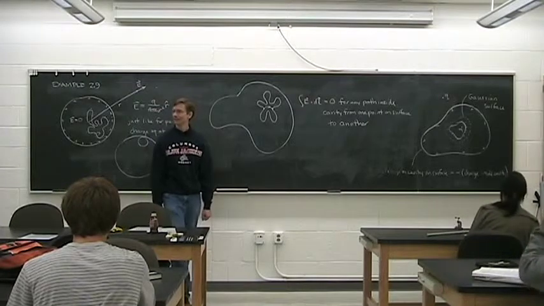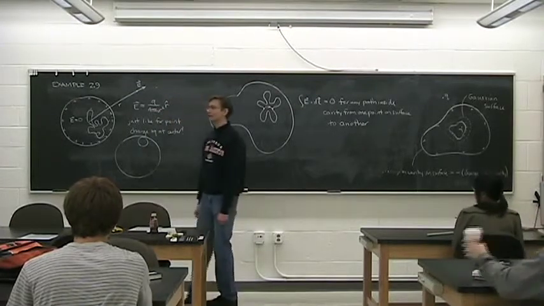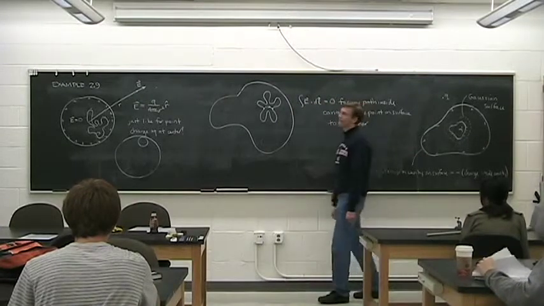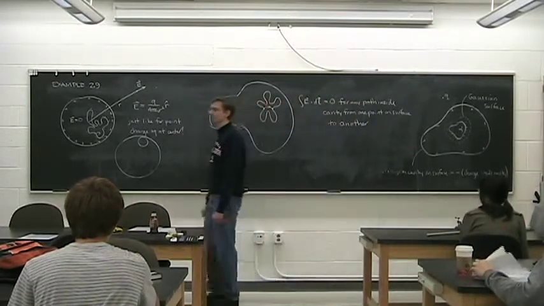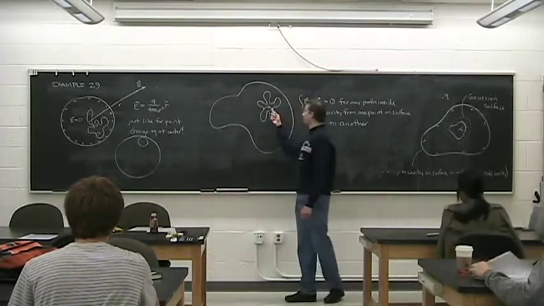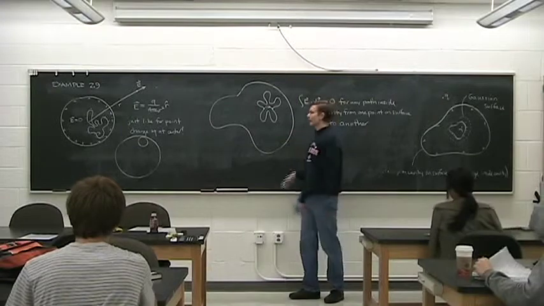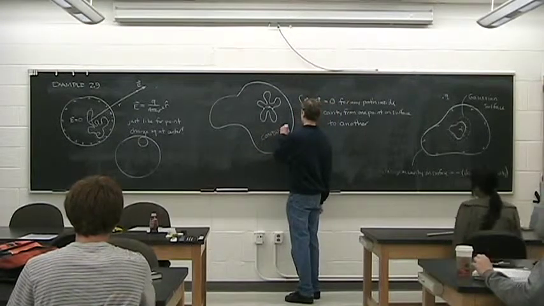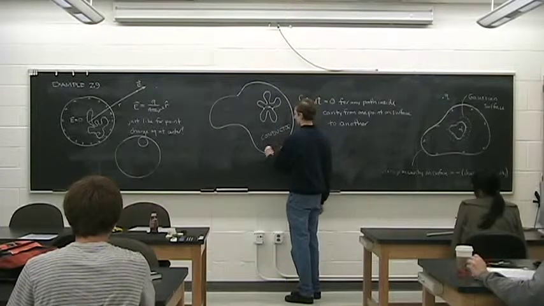Isn't that self-explanatory? Well, how do you know? There's an important point. In fact, it's even true if there is a charge inside of it. But why is the line integral of the electric field 0? We're inside a conductor. Yeah, this is a conductor. All right, so I should draw a conductor.